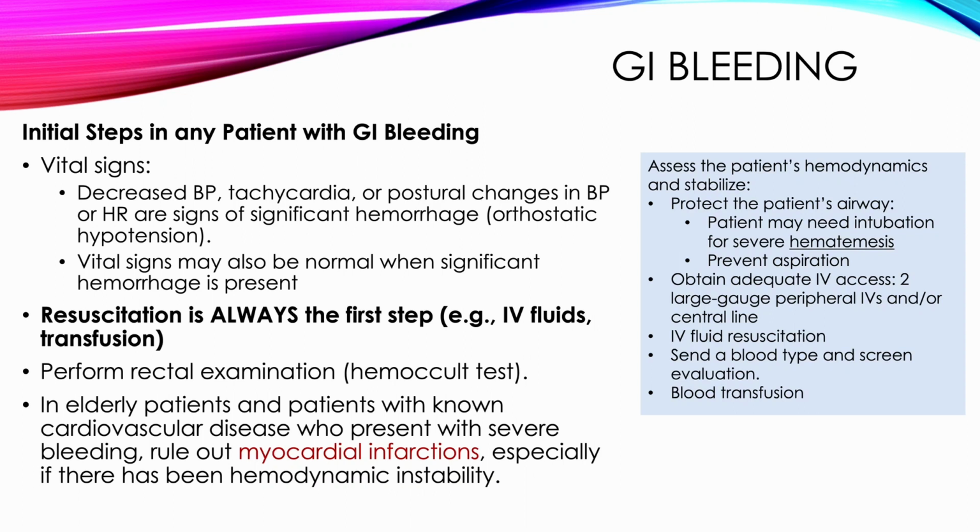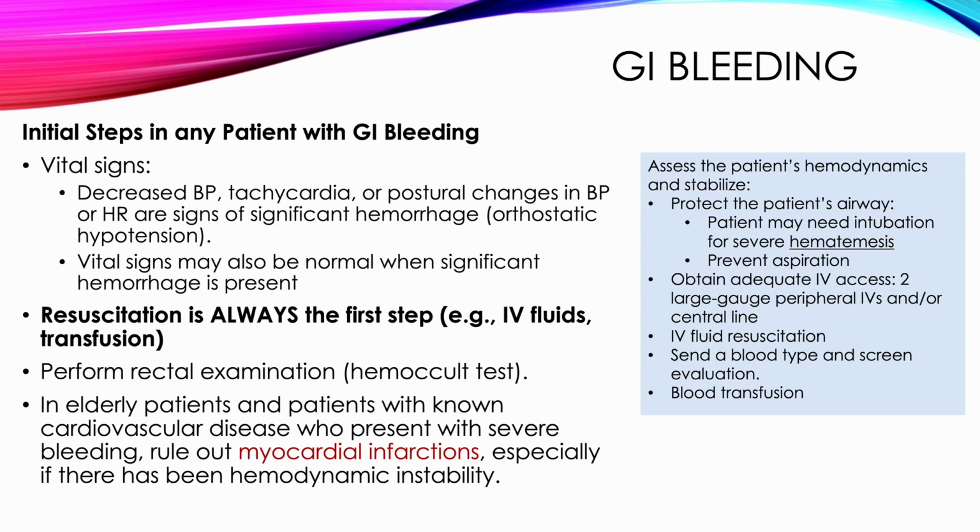Even though there is significant hemorrhage present, our body does a pretty good job of compensating early on. Resuscitation, again, first step. And by resuscitation, I mean IV fluids, potentially a transfusion, hooking them up to the monitor and keeping a close eye on them.